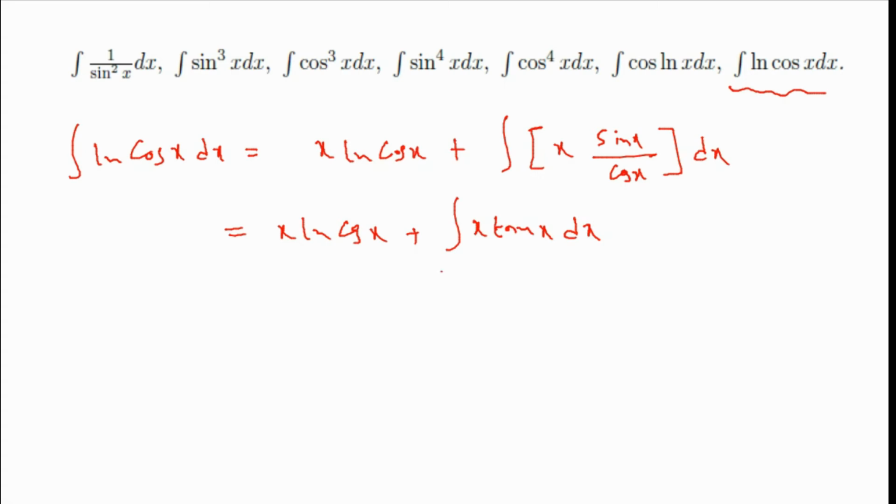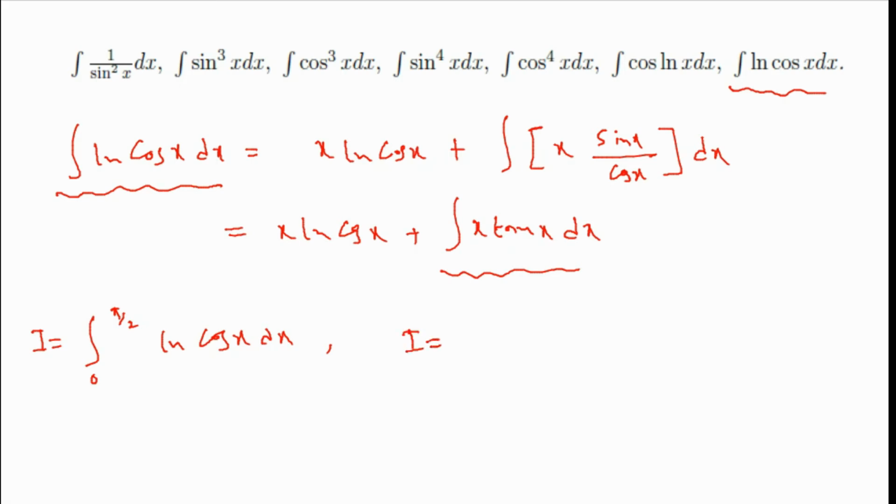Now we will not be able to solve this indefinite integral, but if instead of this indefinite integral it is 0 to pi by 2 ln cos x dx, that means a definite integral, then we can solve this. So I will just proceed 2 or 3 lines.